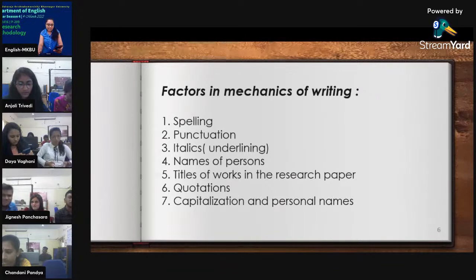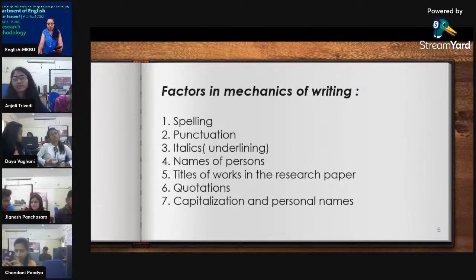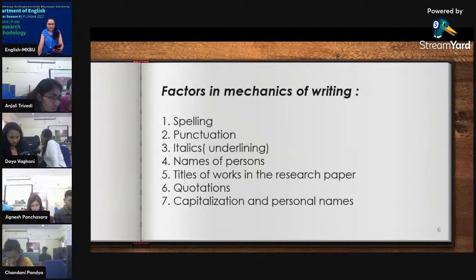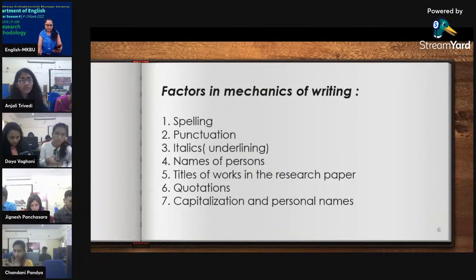For the titles of works in a research paper, the title of the publication should be cited from the title page, not from the cover page. For capitalizing the title, one should capitalize the first word, the last word, and the principal words in both titles and subtitles.